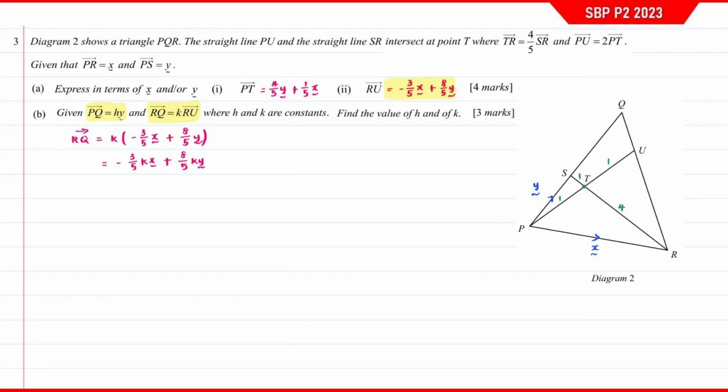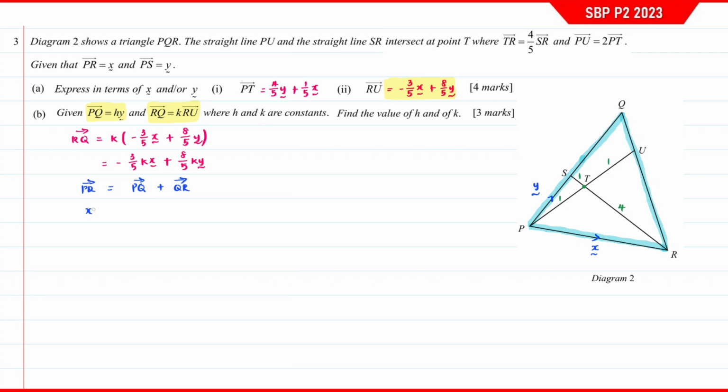Now let us focus on where the vectors PQ and RQ are on the diagram. Here will be the vector PQ and here will be the vector PR. Using the triangle law, we can connect these two vectors using the vector PR or RP. Let's say I connect this using the vector PR. Then PR will equal vector PQ plus vector QR.